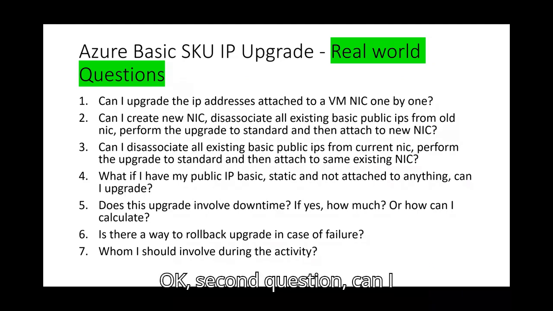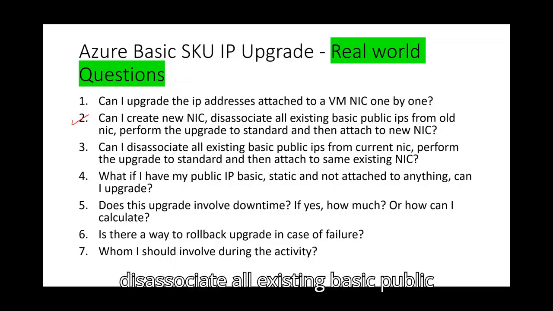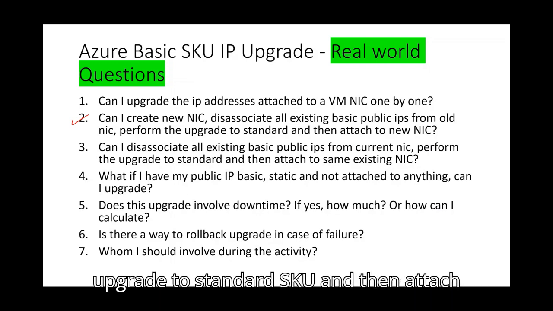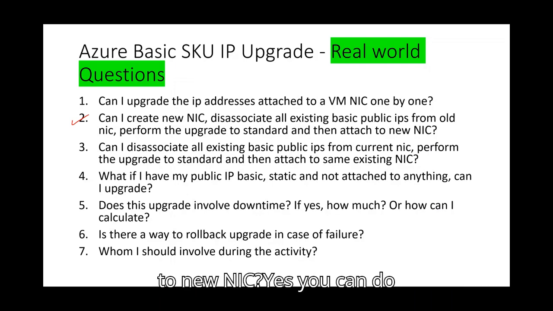Okay, second question. Can I create a new NIC, disassociate all existing Basic public IPs from the old NIC, perform the upgrade to Standard SKU, and then attach them to the new NIC? Yes, you can do this.